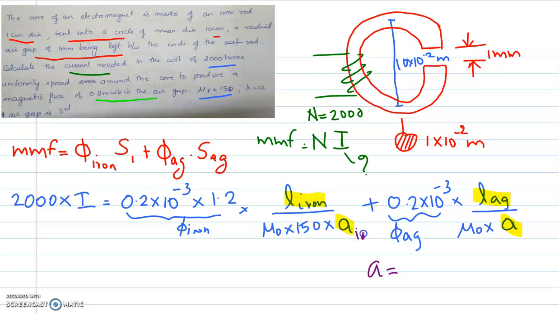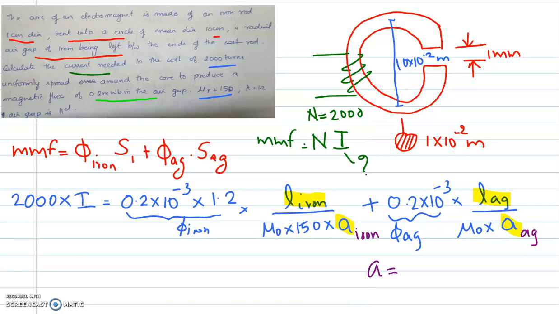So effectively this was in the iron path and this was in the air gap. So both are the same.